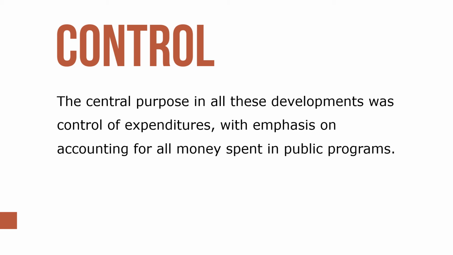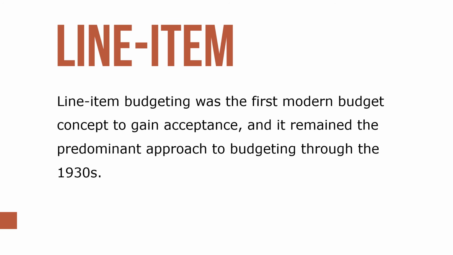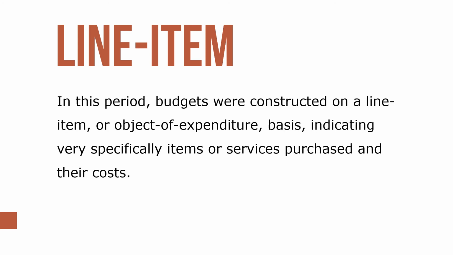Line item budgeting was the first modern budget concept to gain acceptance, and it remained the predominant approach to budgeting throughout the 1930s. In this period, budgets were constructed on a line item or object of expenditure basis, indicating very specific terms in terms of the services purchased and their cost.